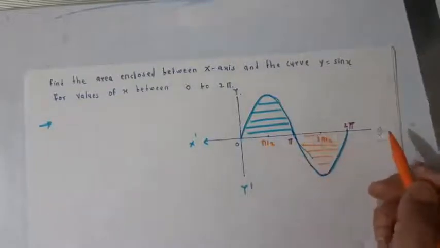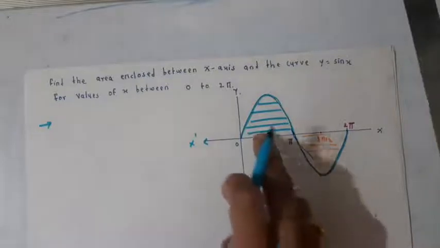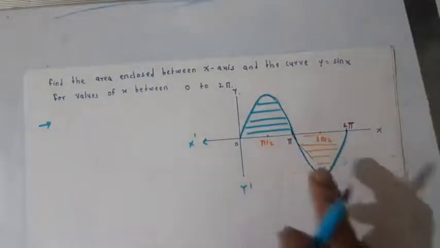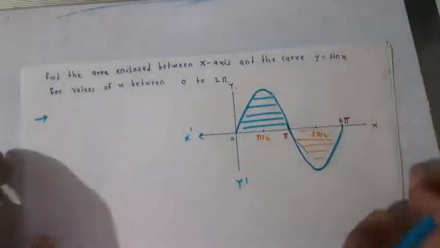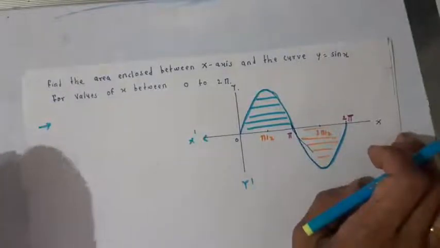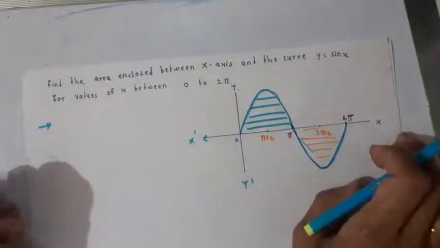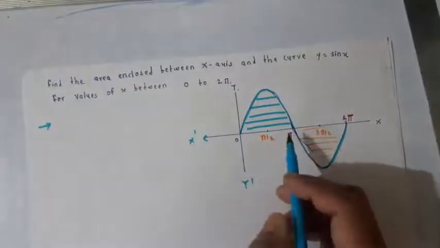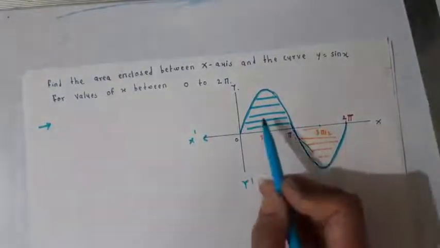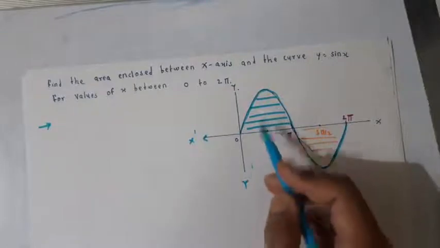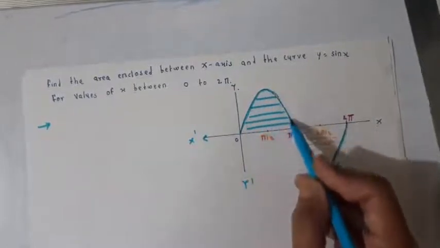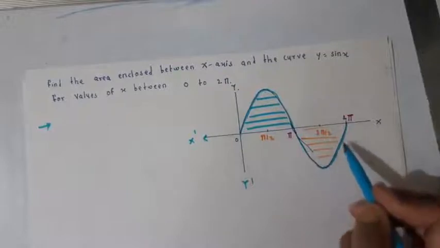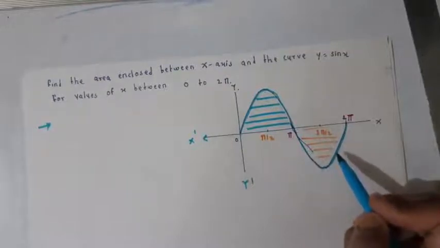And now after finding both areas, we will get the total area. So the area enclosed between the curve and the x-axis consists of equal areas lying alternately above the x-axis and below the x-axis.